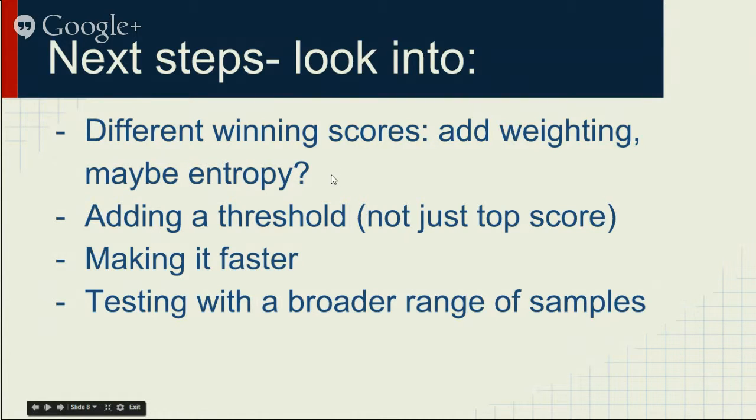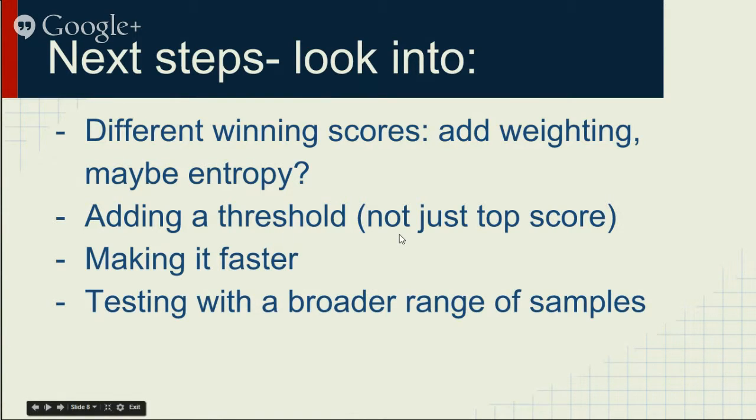Another thing would be making a threshold. Instead of just finding what's the best one in this list, because obviously that only works if you're looking for exactly one of each, and I don't want to have to know that. I want to be able to take a big sequence and find the right ones even when there are lots of them.